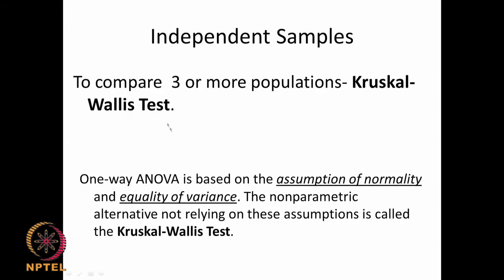But with 3 or more populations, we resort to the Kruskal-Wallis test. One way ANOVA generally assumes normality and homogeneity of variance, so in a non-parametric situation we use this particular test.